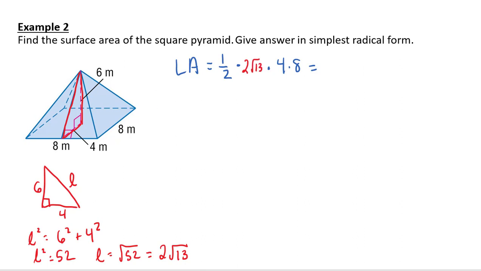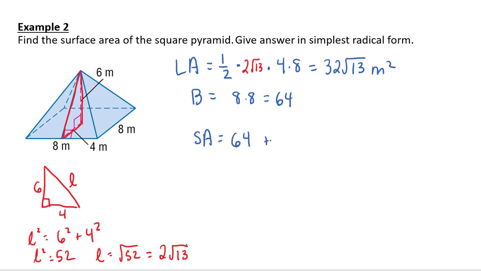Good thing I caught that mistake and I looked at my notes. Okay, so now multiplying all that together, we get 32 root 13 square meters. I need to find the area of the base, which is 8 times 8, since it is a square, that is 64. So my surface area is 64 plus 32 root 13 centimeters squared.